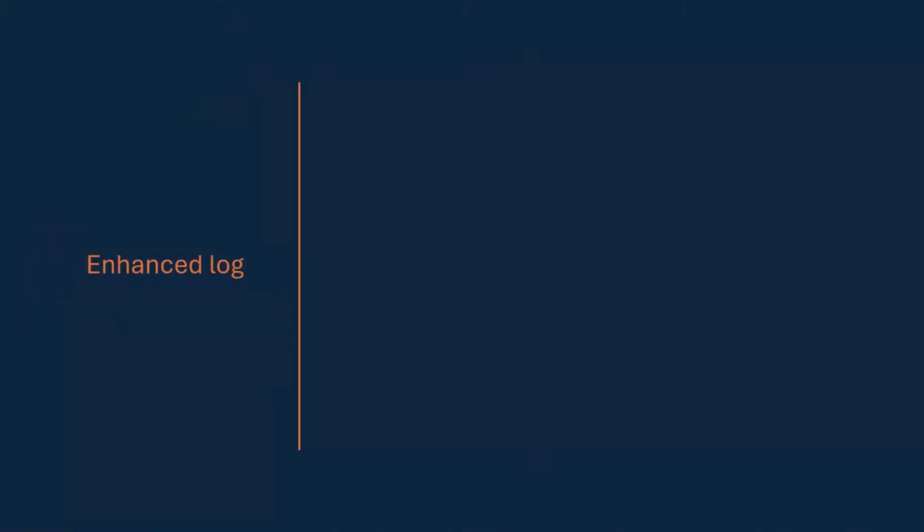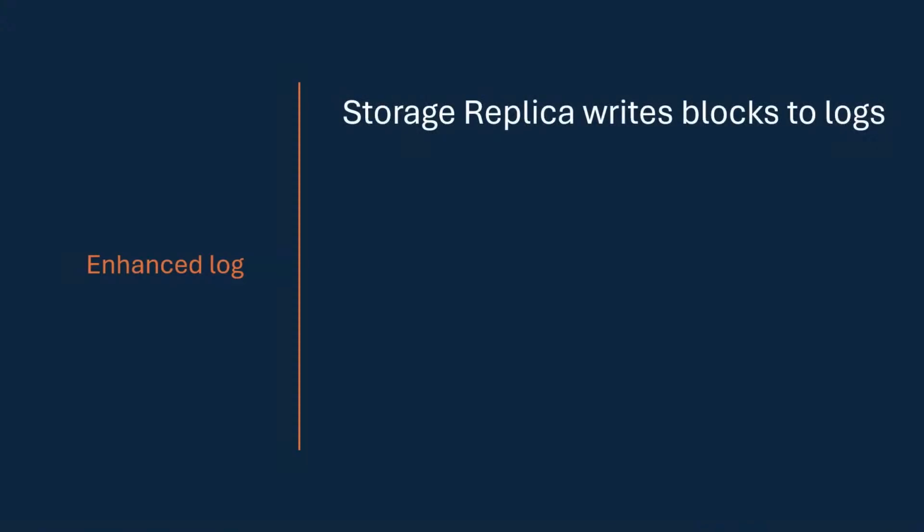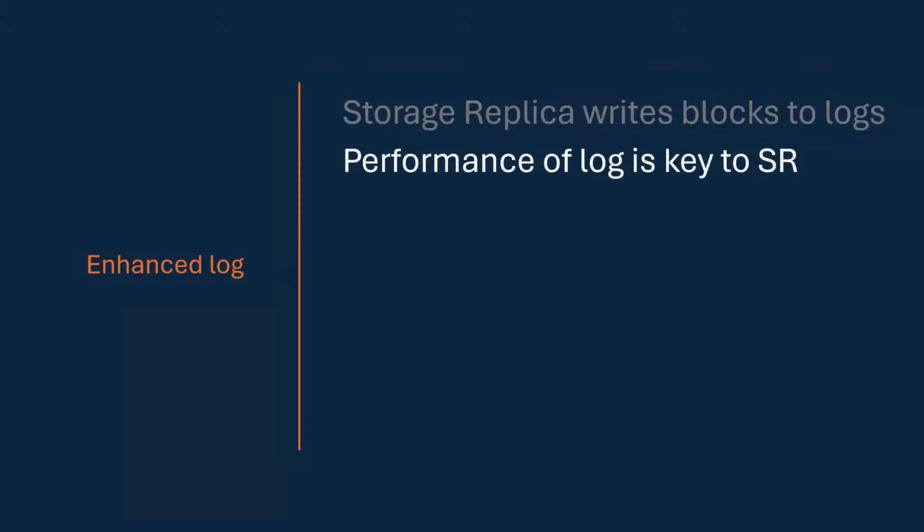So what do we got? In 2025, we have something called the enhanced log. Storage Replica writes data blocks above the partition, I/O blocks, into these logs and ships them between machines, using them to reconstruct the data blocks on another machine. The performance of this log is key to Storage Replica's performance. It is the engine. It is the thing that does the replication.